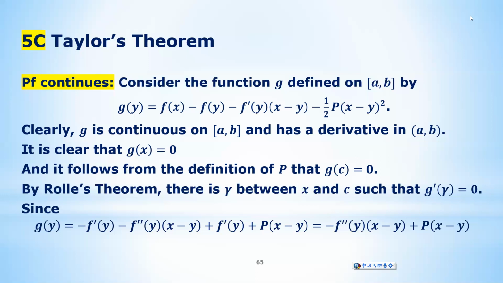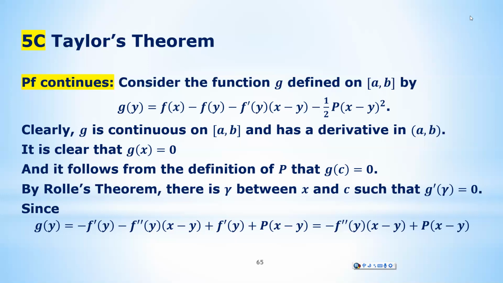In the second term, taking the derivative, you get minus f prime(y). The third term is a product term, so using the product rule, the first part gives f double prime(y) times (x minus y). For the second part, you differentiate (x minus y); the derivative of y is 1 but it carries a minus sign, so it becomes minus f prime(y).